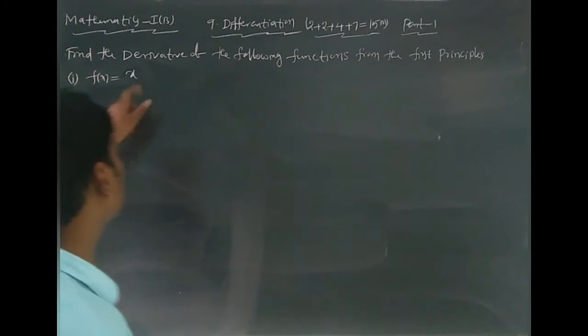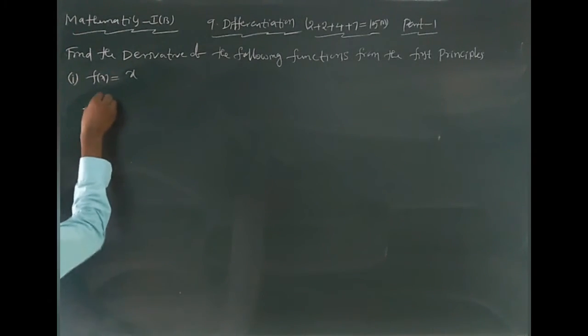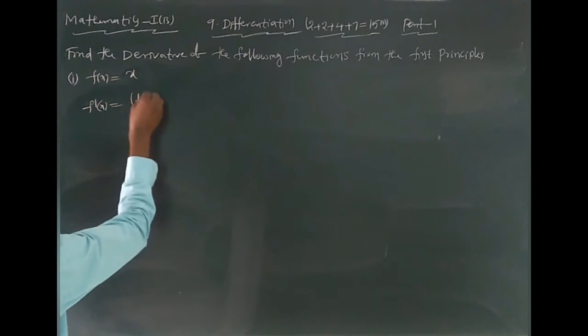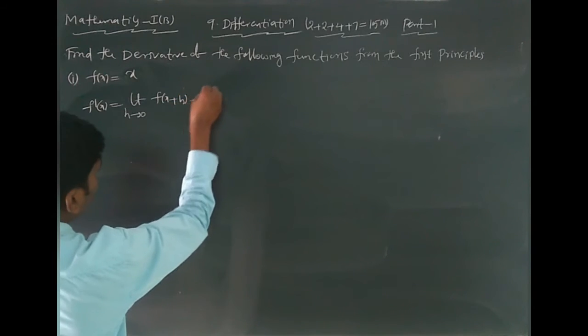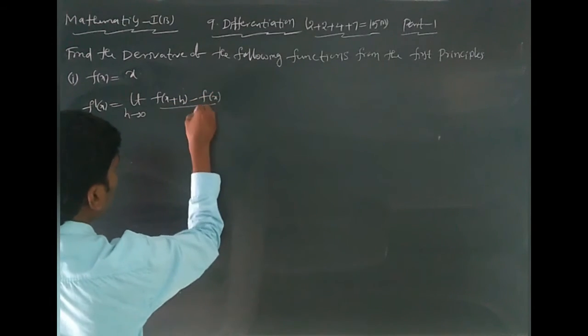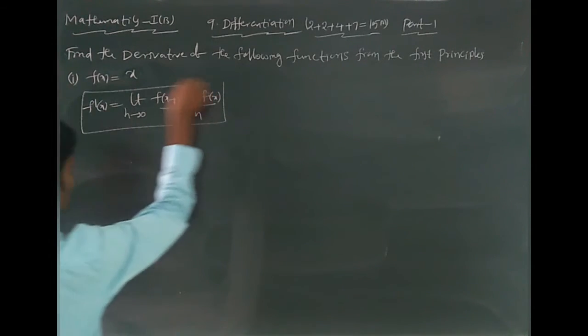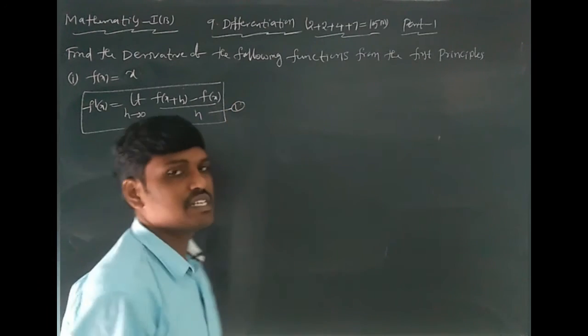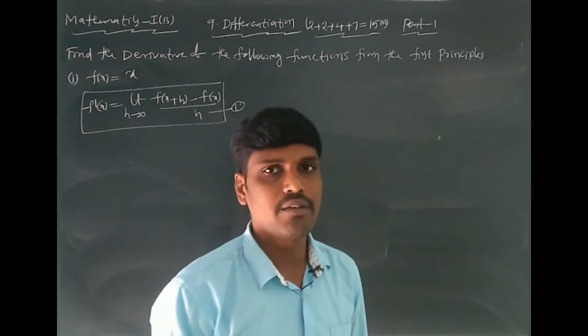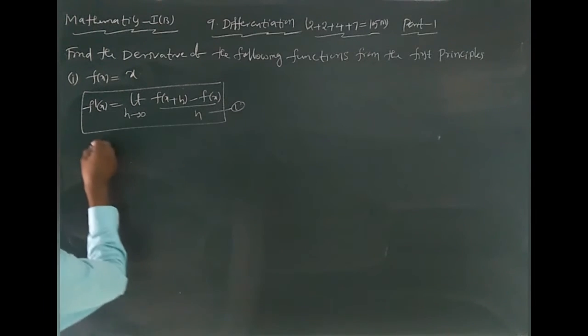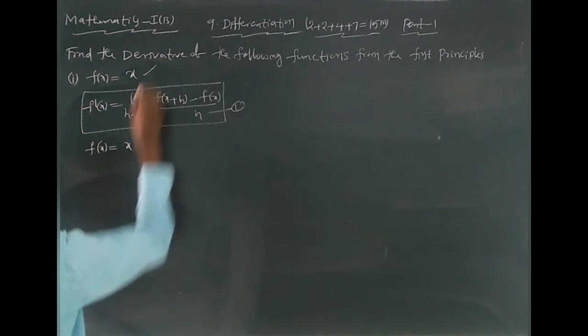Here f of x equal to x is there. You can write first principle, f dash x is equal to limit h tends to 0, f of x plus h minus f of x by h. This is the formula of first principle of derivative. In this first principle, f of x is given, f of x value is x.